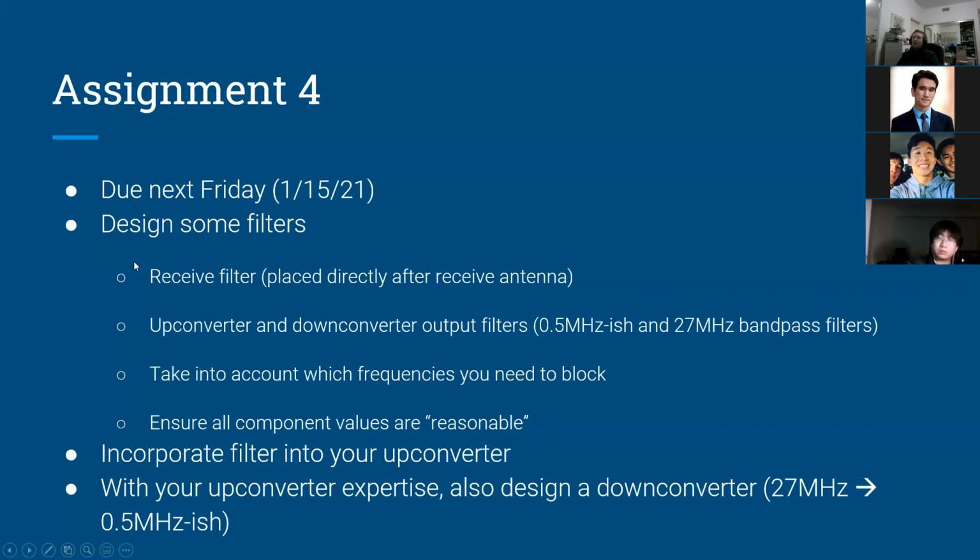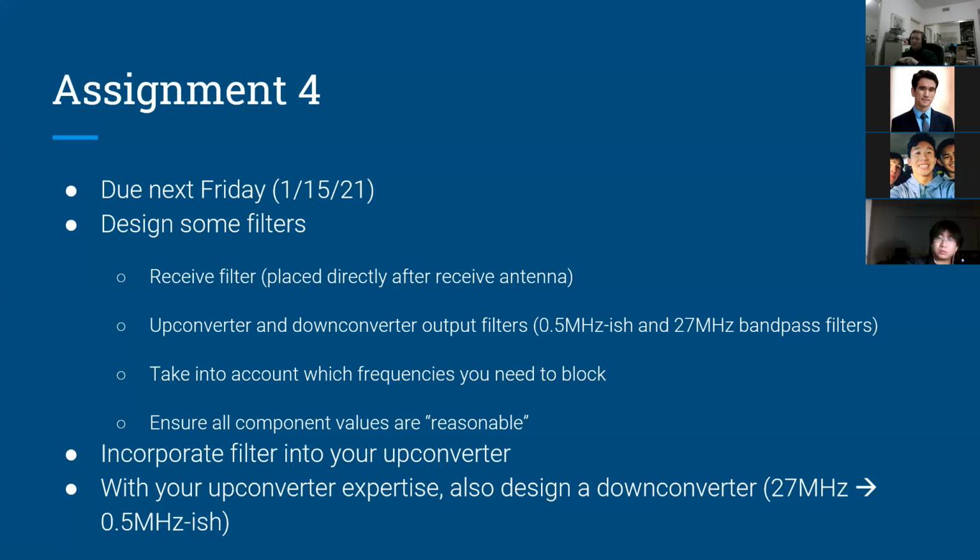One will be the filter you place directly after the antenna, so that'll filter out any adjacent frequencies that are interfering with the frequency of interest, which is 27 megahertz. And then for the up converters and down converters, you'll need a filter on the output to get rid of the sum and or difference frequency, plus all the harmonics that are in the output.